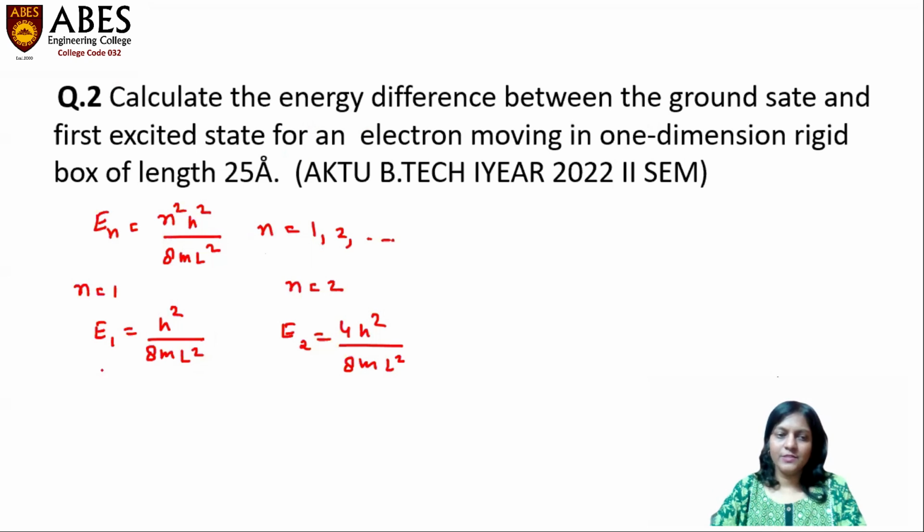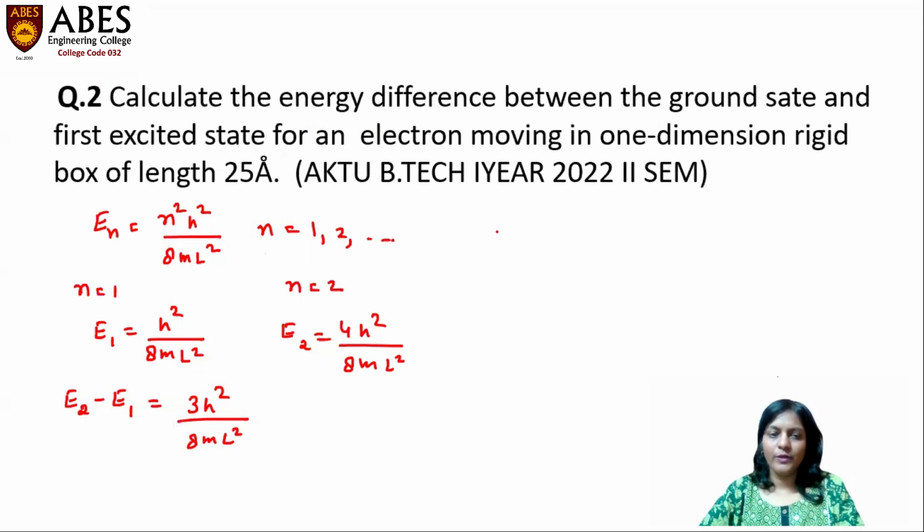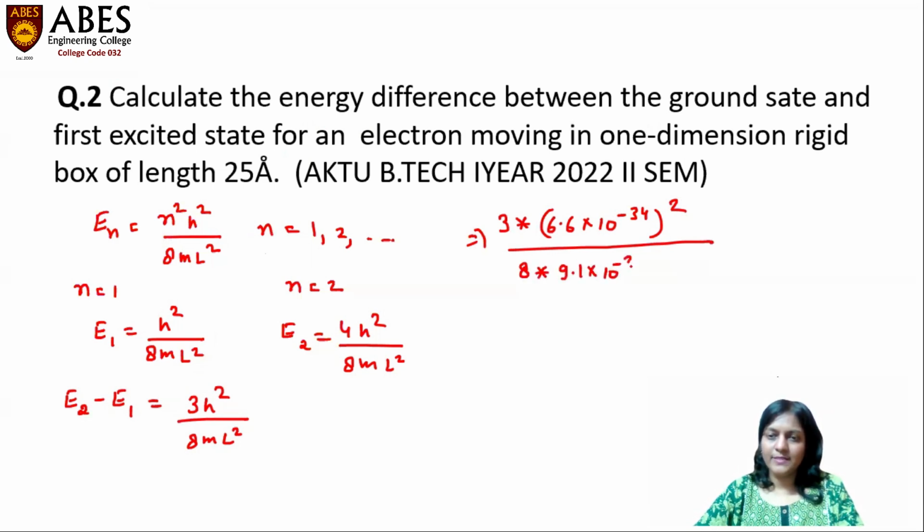The energy difference, E2 minus E1, is equal to 3h square upon 8mL square. We find the value of 3h square upon 8mL square. In place of h, put 6.6 into 10 to the power minus 34 whole square, divided by 8 into 9.1 into 10 to the power minus 31. The length is 2.5 angstrom, which is 2.5 into 10 to the power minus 10 whole square.